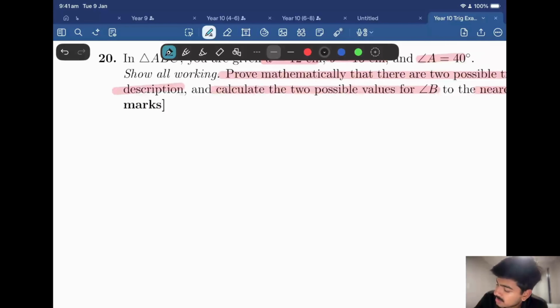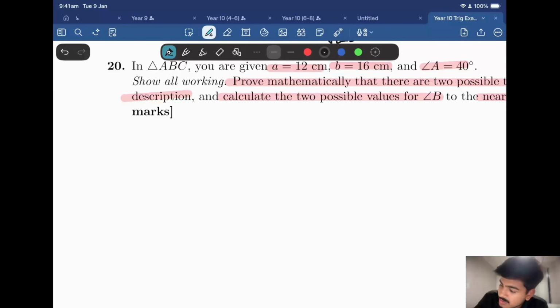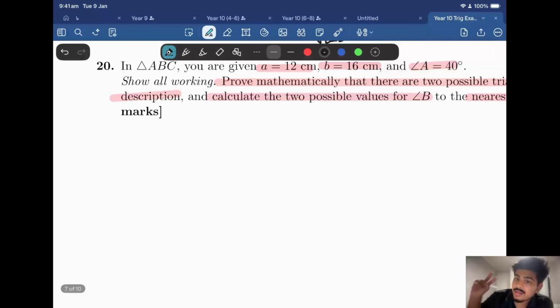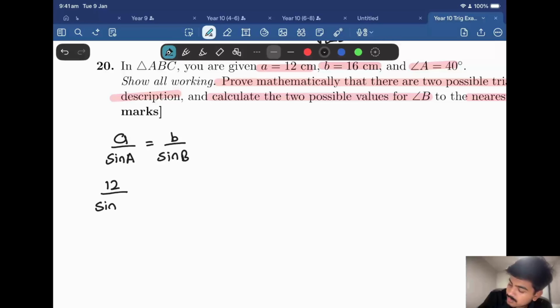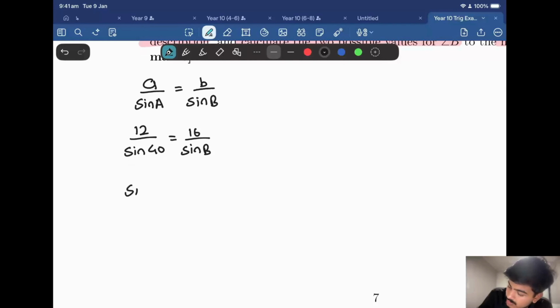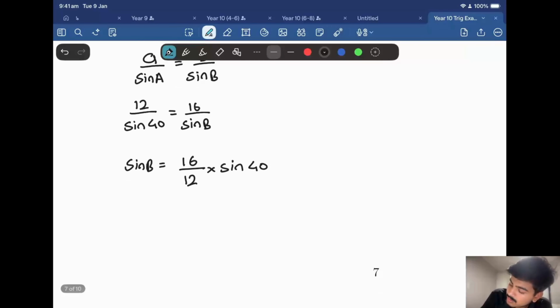Actually, what you can do here is you can see that you have two sides and one angle, right? Which rule would you use? You'd use sine rule. a over sine A is equal to b over sine B. a is 12 over sine 40 is equal to 16 over sine B. So that's sine B is equal to 16 over 12 times sine 40.